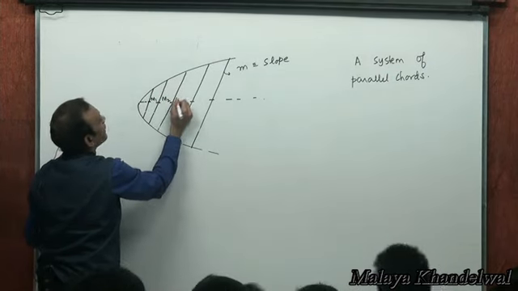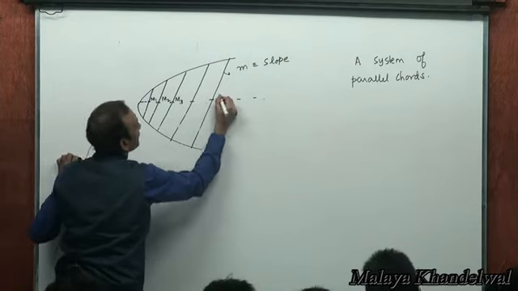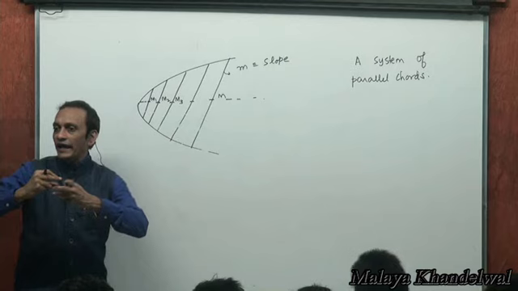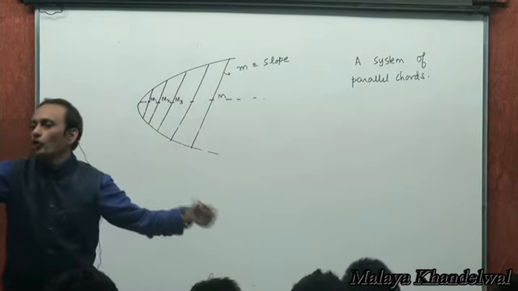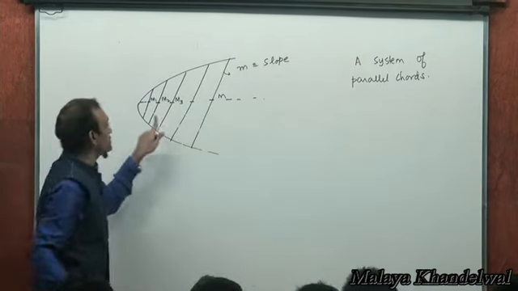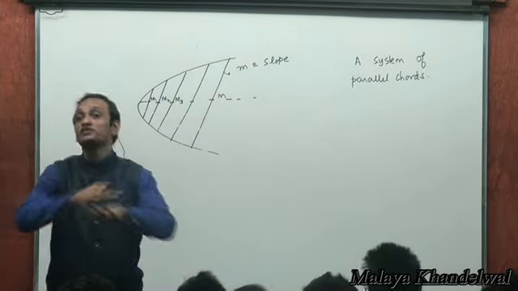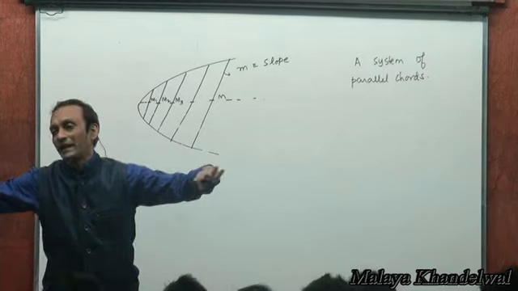M1, M2, M3, Mn are the midpoints of all these chords, a system of parallel chords.